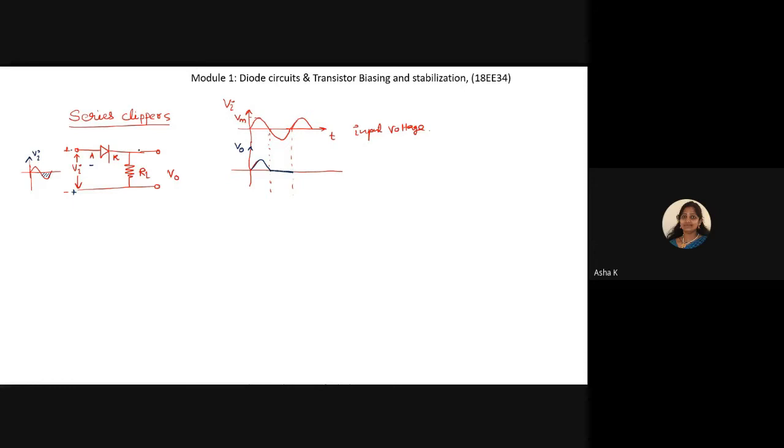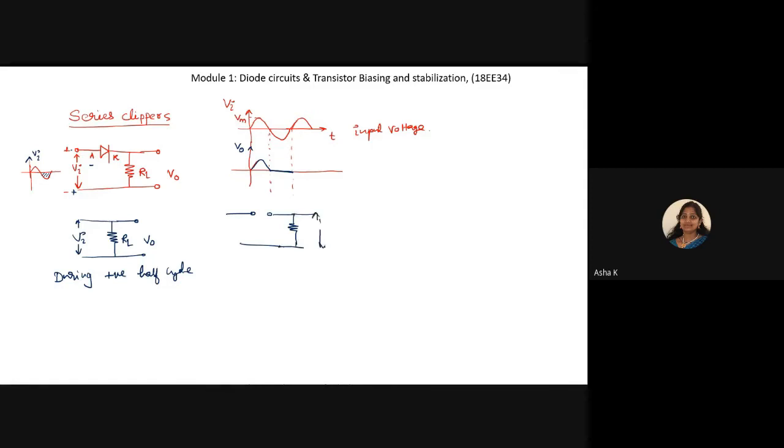For the equivalent circuit: during the positive half cycle, the diode conducts, and whatever V input I apply will appear across the load resistance. Whereas during the negative half cycle, the diode is an open circuit. It acts like an off switch.